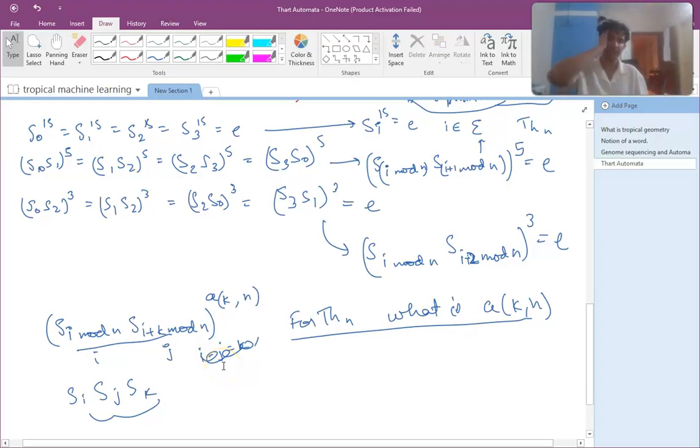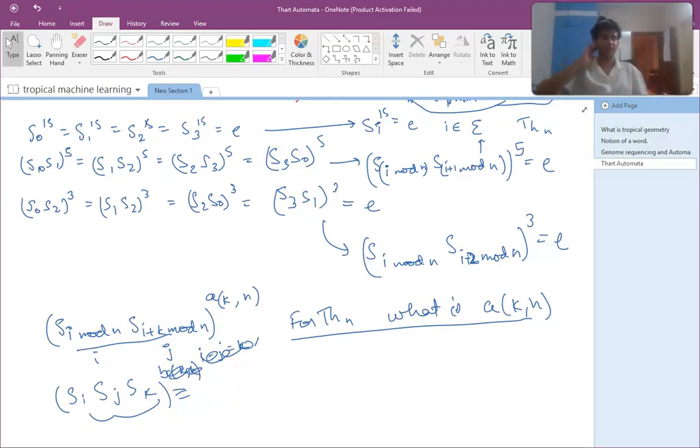That the difference between them is separated by k. So we can have some sort of relation between i, j, k, and we can try to set our own, over here in this case, b k n or something, and try to figure out what the general expression for it is. So this is what is known about thirds.